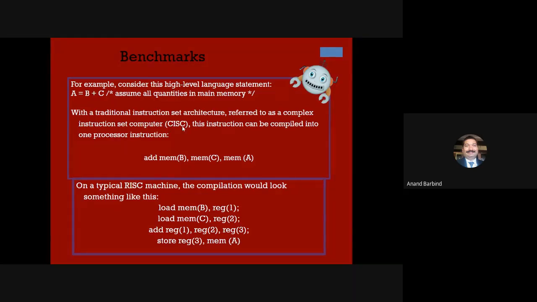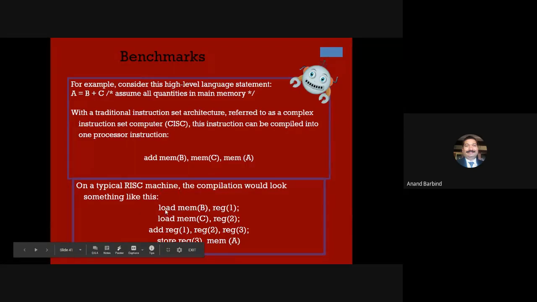The architecture of CISC is different from the architecture of RISC. What is RISC? RISC is reduced instruction set computer, or reduced instruction set computing machine. RISC usually has a simple architecture and simple instructions. So when the same operation, A is equal to B plus C, is performed on a RISC type of processor, you need more instructions.